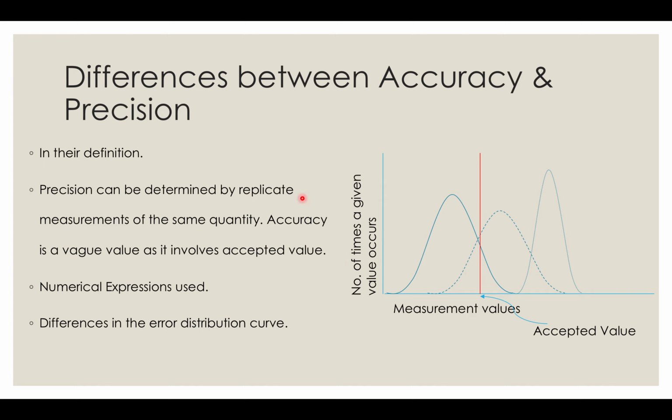Precision can be found from the error distribution curve, which we just saw. For the same quantity, we make many replicate measurements, plot a graph, and from there we get more precise measurements. However, accuracy is connected to the accepted value, and as I discussed when I was starting this course, these accepted values are something we have accepted to be true.